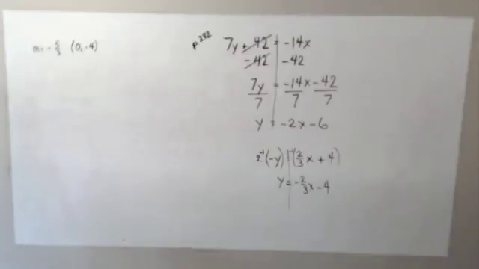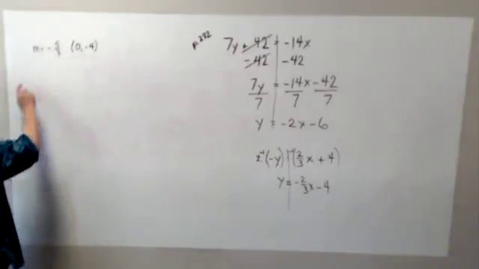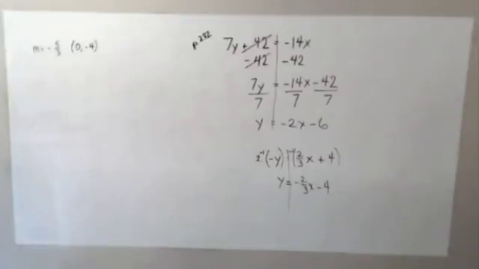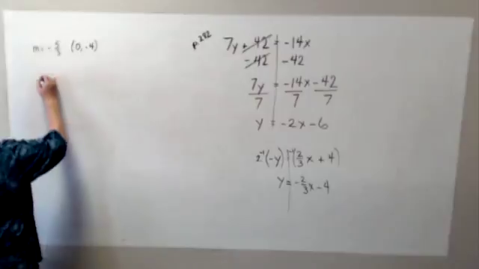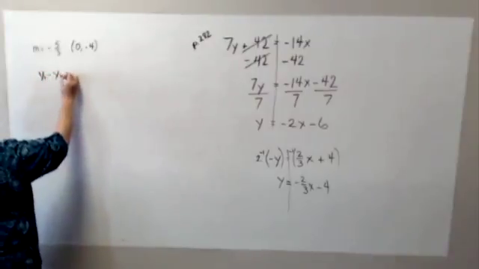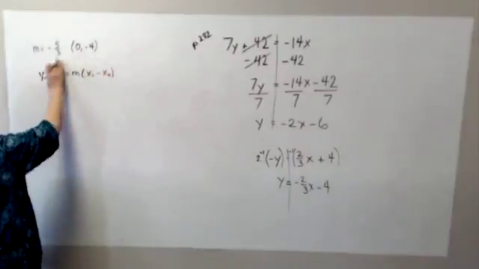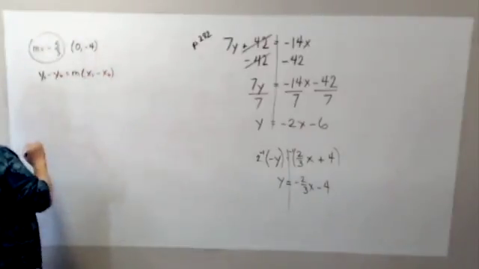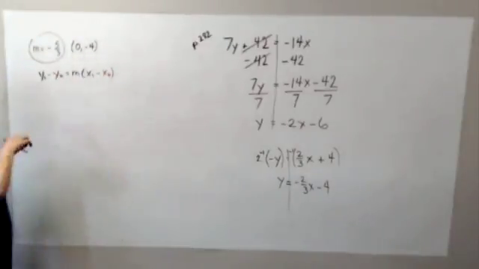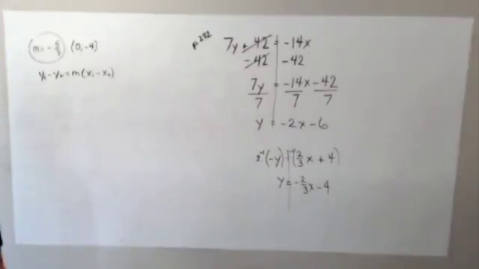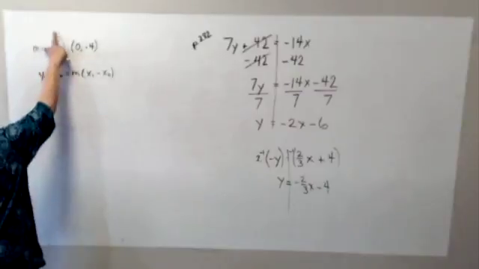Usually they're giving us a point and a slope. So what would we usually use for this? Point-slope form. We would write y minus y1 equals m times x minus x1. We don't have to find the slope, they've already given it to us. And we don't have to choose a point, they're only giving us one. We plug everything in.